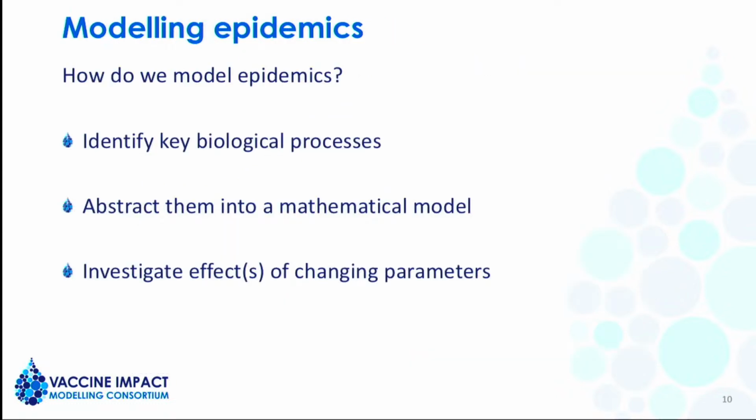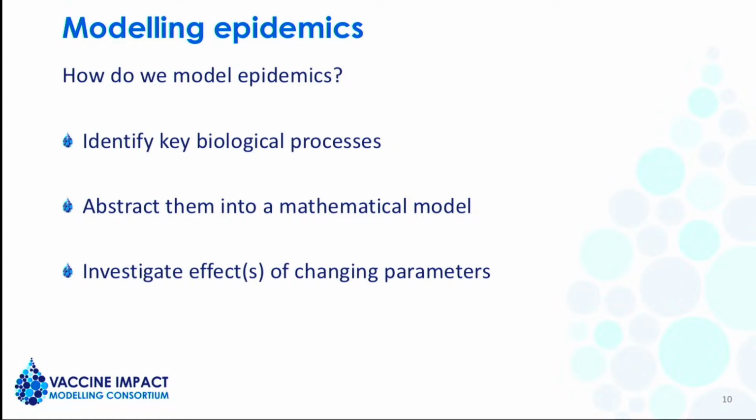So we've got some examples of why we might try to model epidemics, trying to get some understanding of the current state, the future state, or maybe some of the mechanisms behind it. The steps that we go through are very similar to the steps that we were talking about earlier when developing a model. So we think about, okay, we've got a question, we might want to identify the key biological processes.